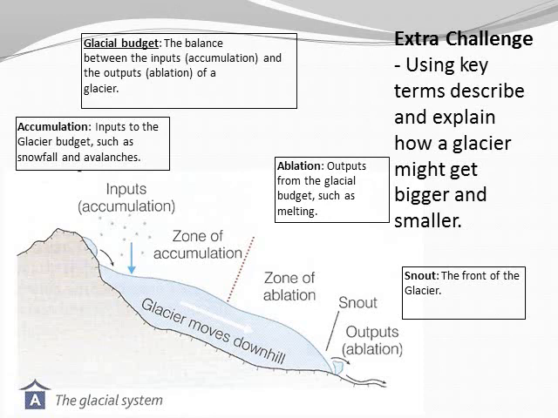What a strange idea. The glacier is always moving, but its position on the mountainside, where it begins and ends, stays the same. Now, I wonder if you could have a go at that extra challenge. What might cause the glacier to get bigger or smaller? That's for those that would like an extra challenge.